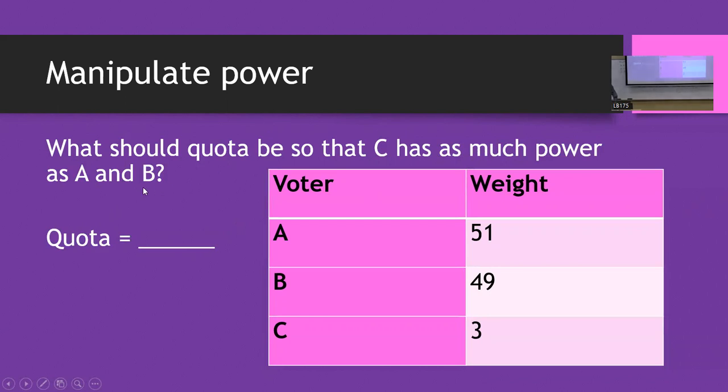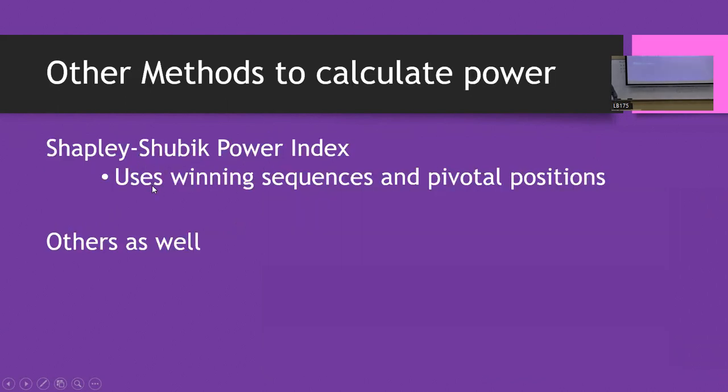So that was the second. C has as much power as B. Okay. Now, like I said, there are other methods to calculate power. One of them is known as the Shapley-Shubik power index. That uses winning sequences and something called pivotal positions. You don't need to know that one. We're not going to go over that one in this class.